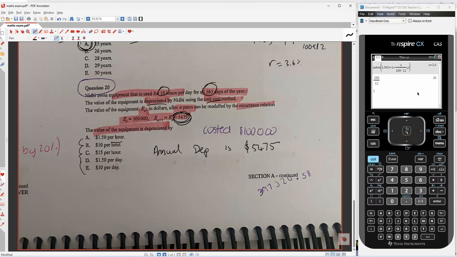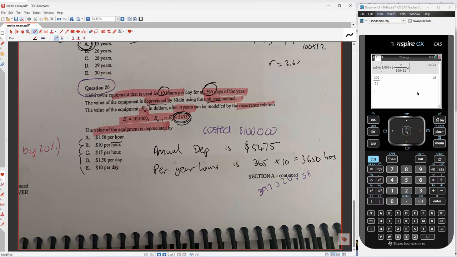So per year, the hours used is 365 days a year at 10 hours per day. So 365 days, 10 hours a day means it's used for 3,650 hours.